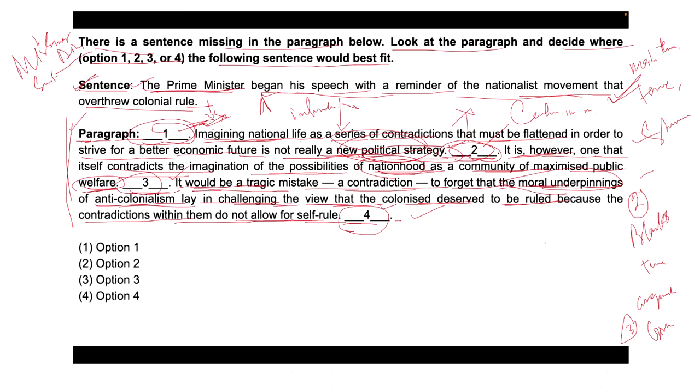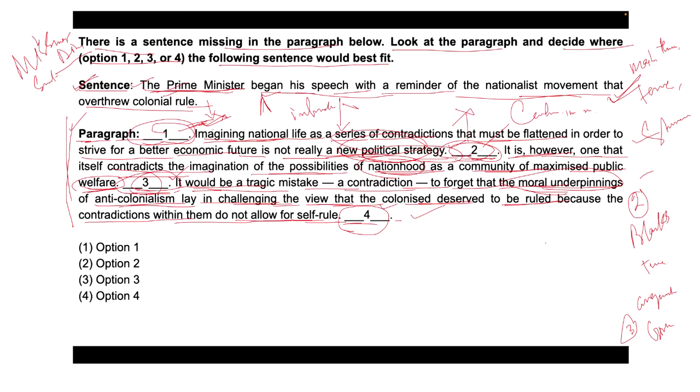Now if you look at blank 3, this is where we could say that the sentence would best fit, because this blank talks about the moral underpinnings of anti-colonialism and the dangers of forgetting these roots, isn't it? So the given sentence about the prime minister's speech fits well here because it provides a historical context relevant to the moral argument.